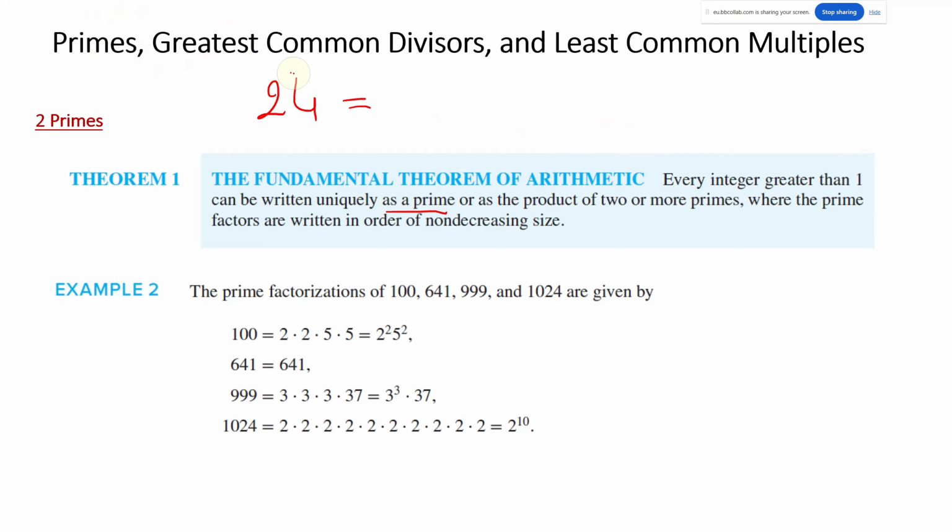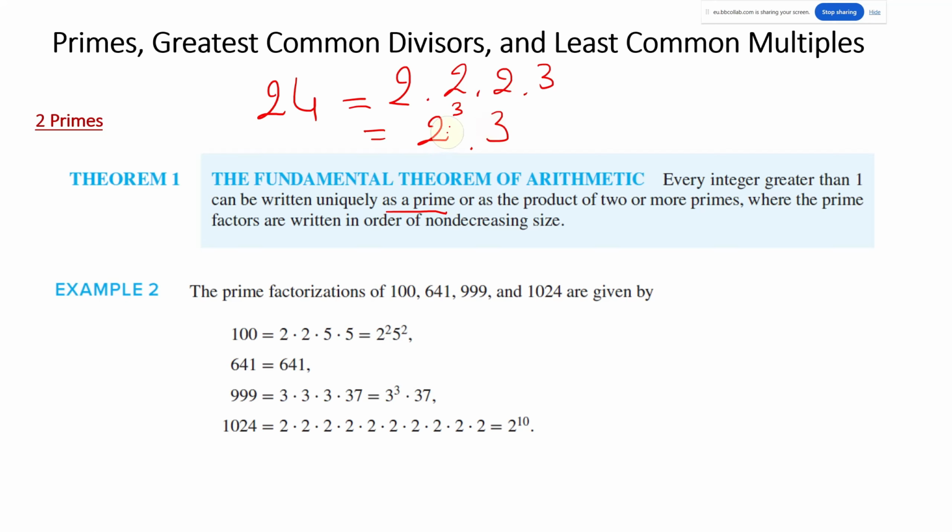So here, 24. This is 2 times 12, right? Then I'm going to say, okay, 12 is 2 times 6. And then again, what is 6? It is 2 times 3. Which is going to give me 2 to the power of 3 times 3.